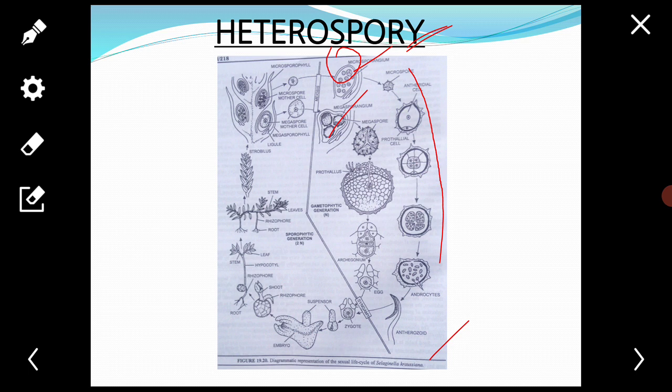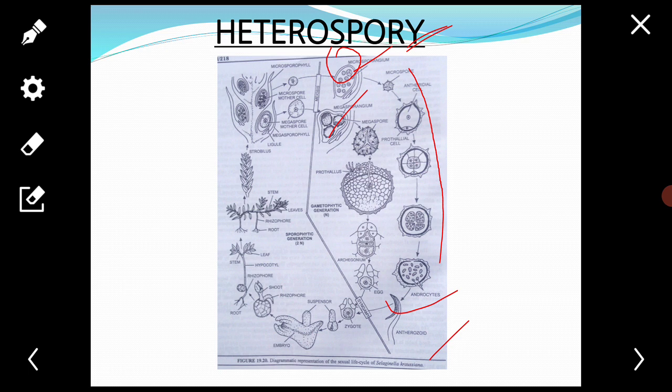The remaining portion of the male gametophyte becomes an antheridium, which produces 8 sterile jacket cells and 128 to 256 anthrozoids.